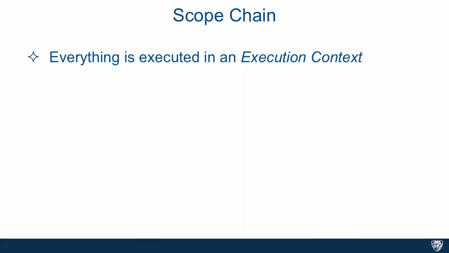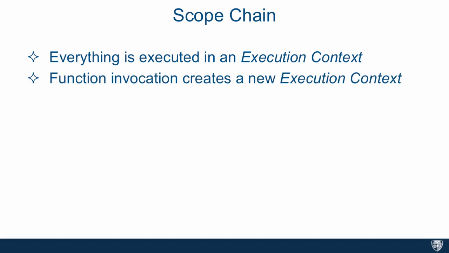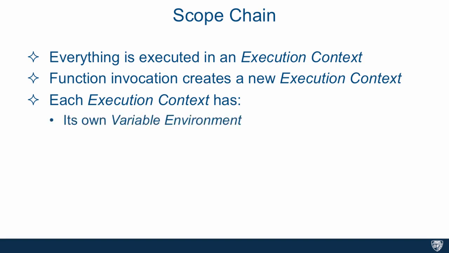Now, in order to understand how scope chain works in JavaScript, you have to understand how the JavaScript engine executes things. Everything in JavaScript is executed in an execution context. Now, a function invocation creates a new execution context within which that function is executed. Now, each execution context has the following. Number one, it has its own variable environment.